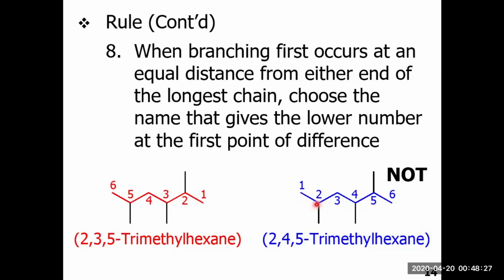But if I continue, this becomes 3. There's no substituent. So in this case, if I count 3 here, then there's another substituent here. So this way of numbering wins. So 1, 2, 3, 4, 5, 6. So this becomes 2,3,5-trimethylhexane.